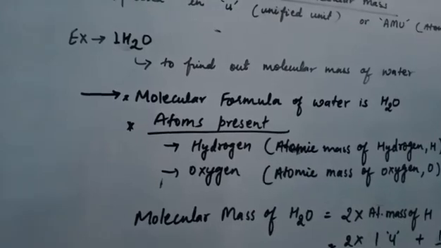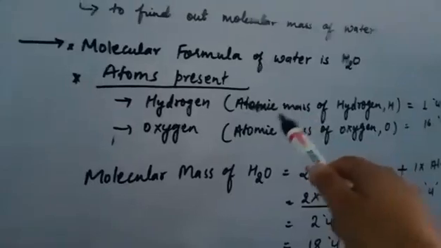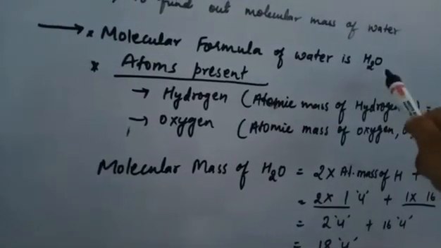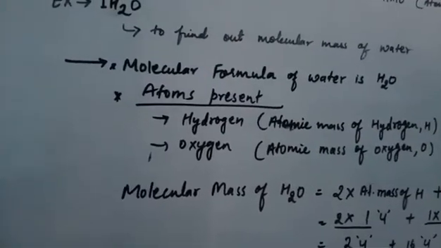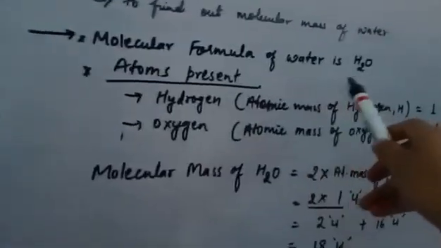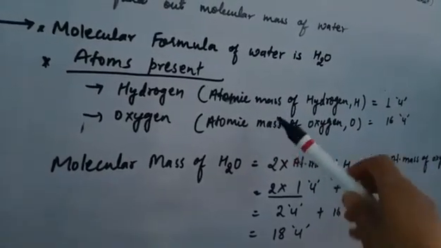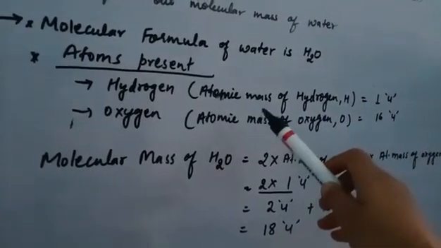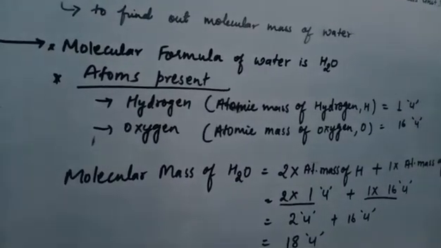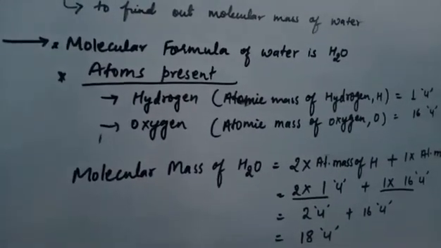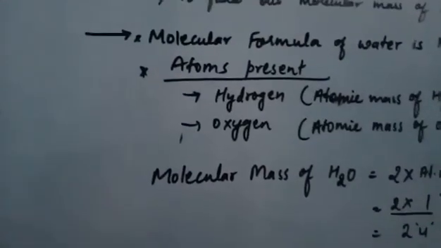Because as per the definition, molecular mass is calculated by summing up the atomic masses of the atoms present in the molecule of that substance. Now we know the molecular formula and the atomic masses of hydrogen and oxygen, so we can calculate the molecular mass of water.